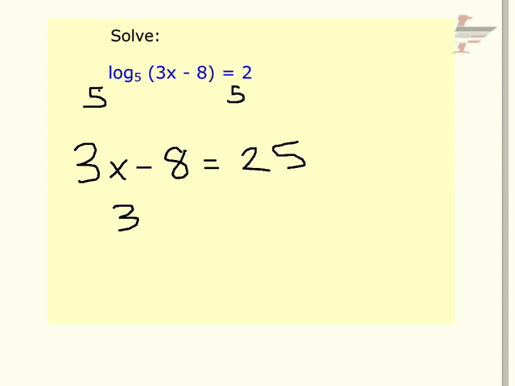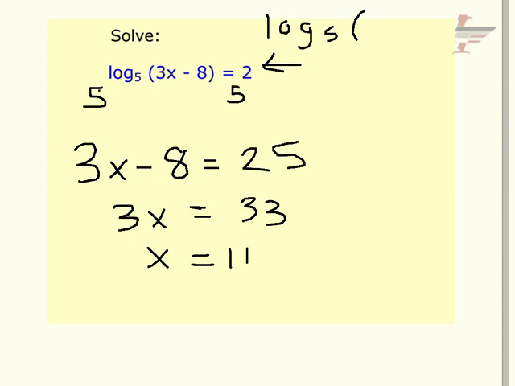And then again, it's basic algebra. So if I add 8 and divide by 3, I get 11, and then just double checking your answer in the original equation. So log base 5, 3 times 11 is 33, minus 8 is 25, and log base 5 of 25 is 2. So we're good to go.